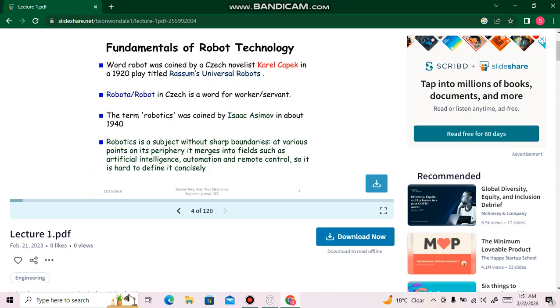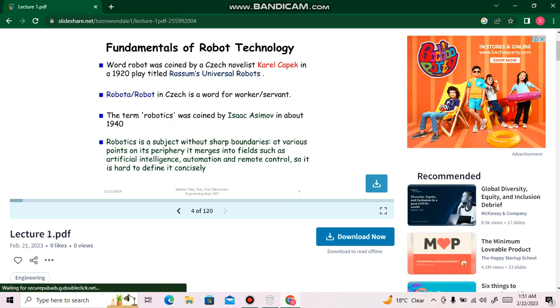Robots. Fundamentals of robot technology. The word robot was coined by the Czech novelist Karel Capek in his 1920 play titled Rossum's Universal Robots. Robot in Czech is a word for a work servant.